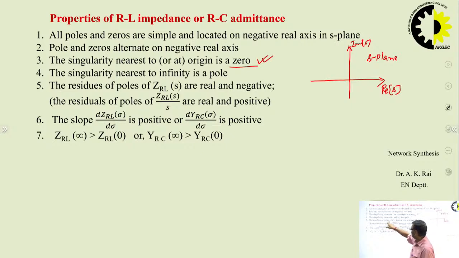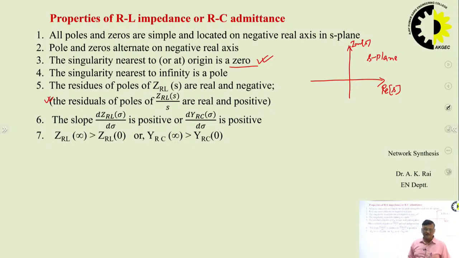The residues of poles of Z RL(s) are real and negative. You can check. For the given function Fs, carry out the partial fraction expansion and look at the pole residues. It is coming real and negative. And the line written in the bracket is very helpful to carry out the partial fraction expansion.